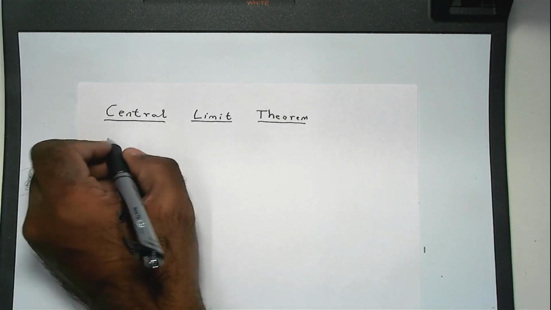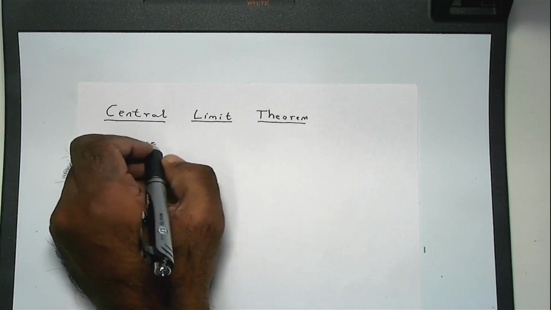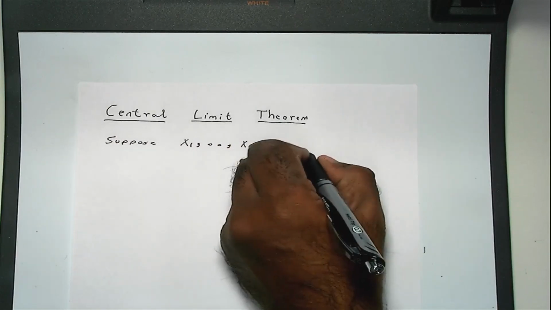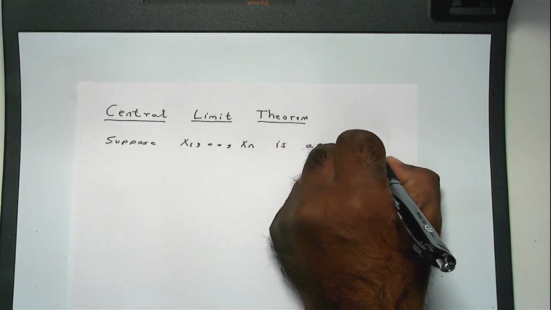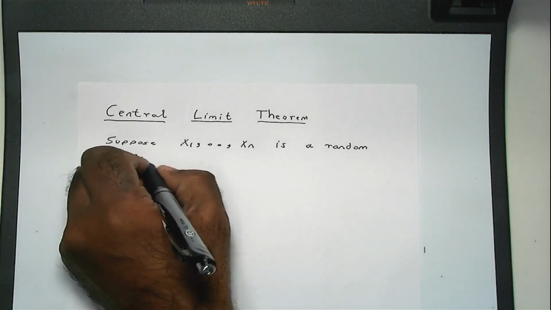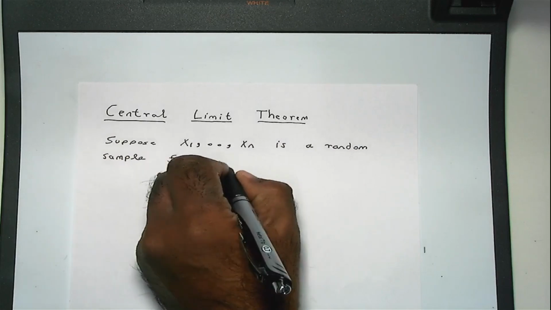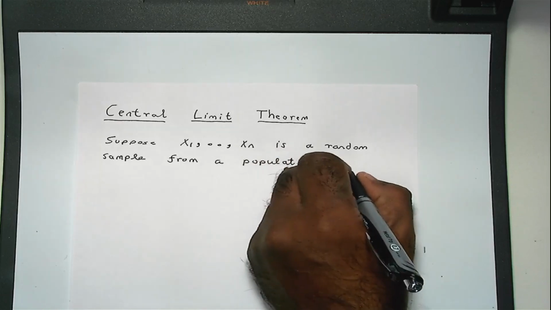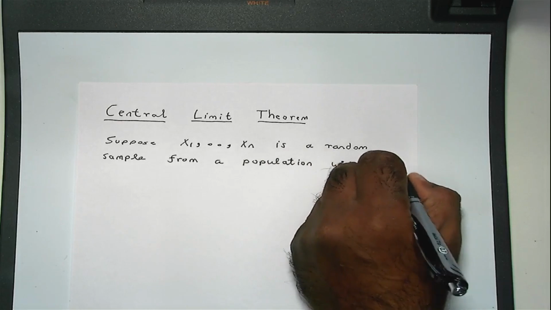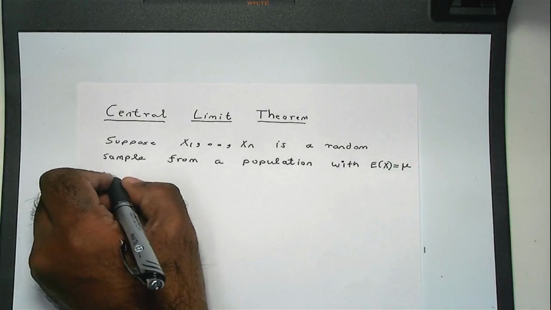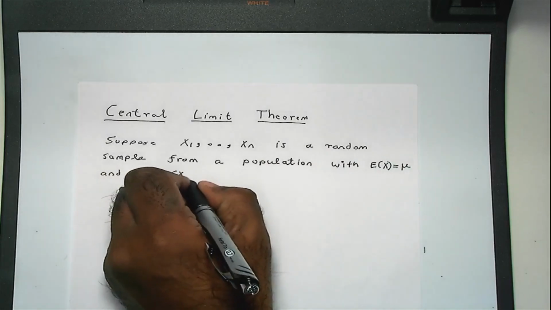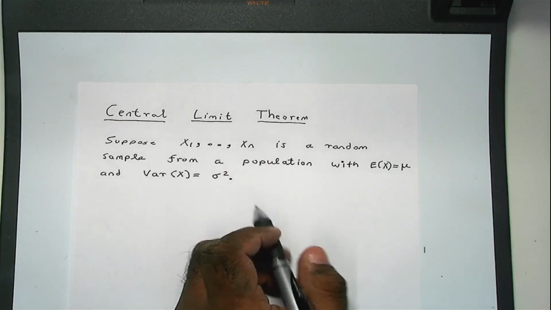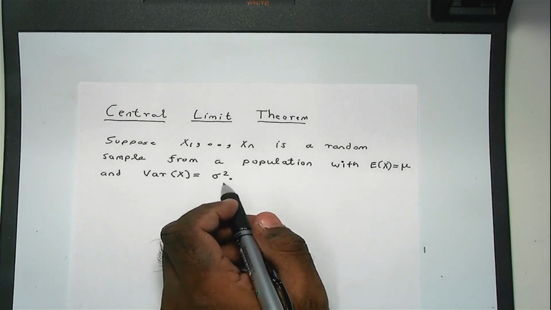Okay, it says the following. Suppose you have a random sample from a population with the population mean equal to mu and the population variance equal to sigma squared.